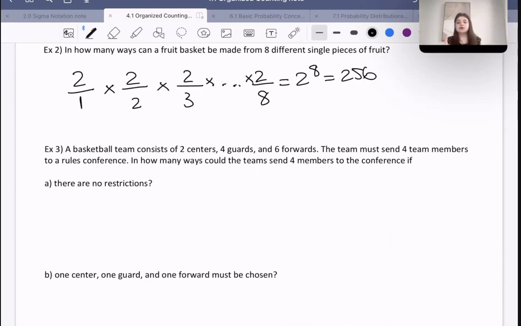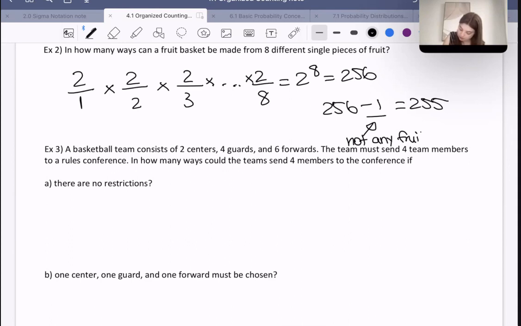However, here's the thing. If one of these combinations is a combination where there is no fruit, where we just said no to everything, that's not really a fruit basket. So in this specific case, I would actually argue that the better answer here is going to be 255, because we're subtracting off the option where there is not any fruit.